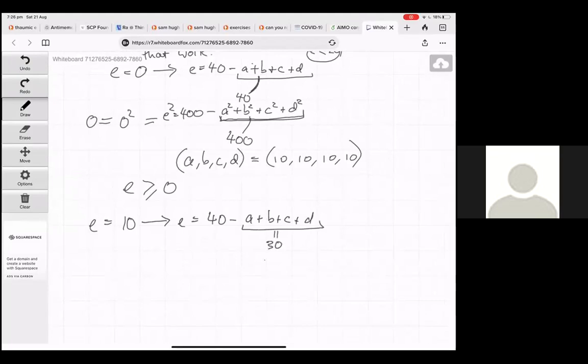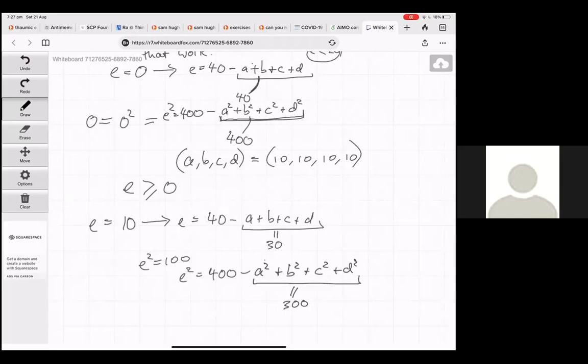And E squared is 100. So that means E squared equals 400 minus (A squared plus B squared plus C squared plus D squared). Then all of these have to equal 300 to leave behind the 100.